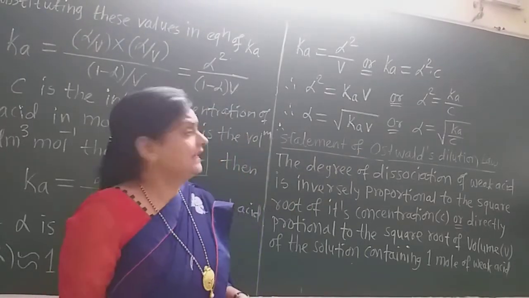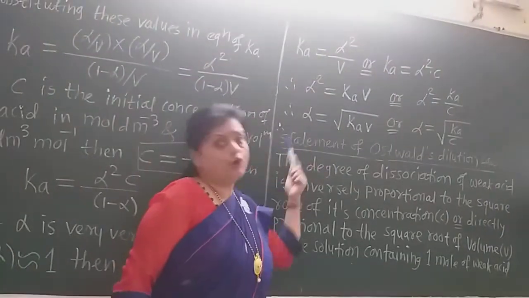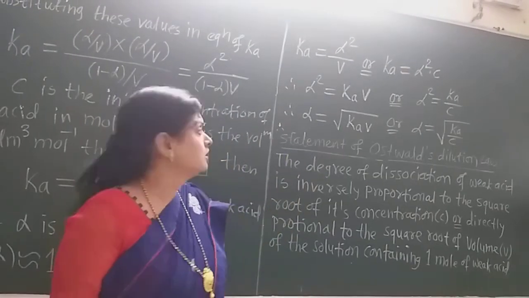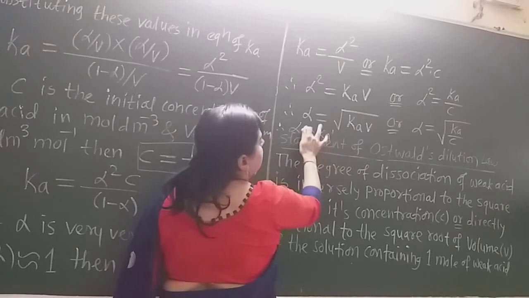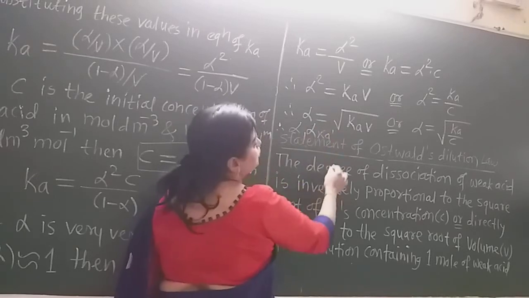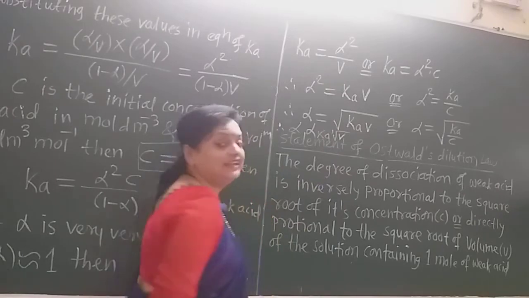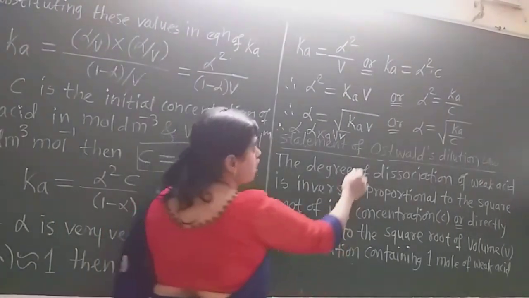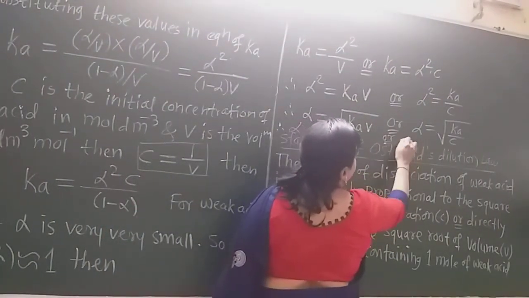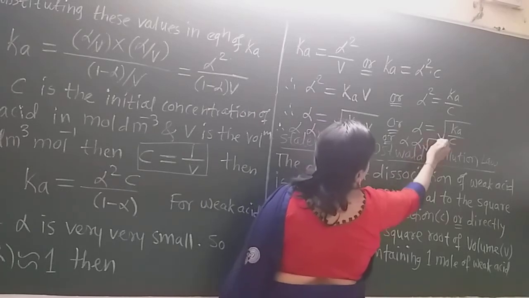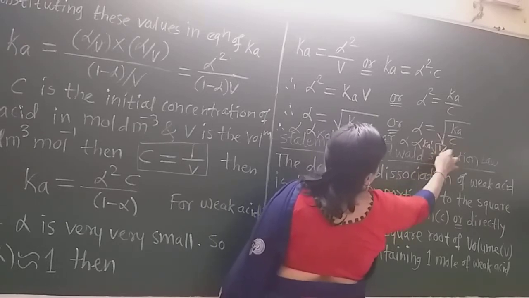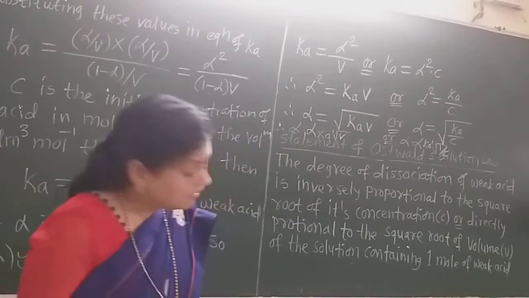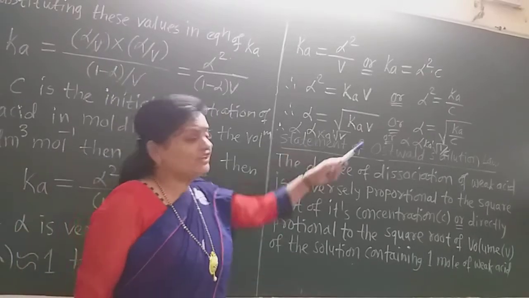If we take this K to the outer side, suppose it is K dash, so alpha is directly proportional to K dash under root of V. And alpha is inversely proportional to K dash into under root of 1 divided by C. So what do these two equations show?